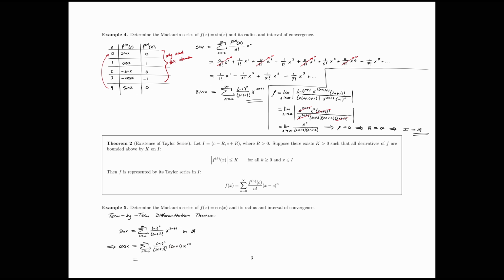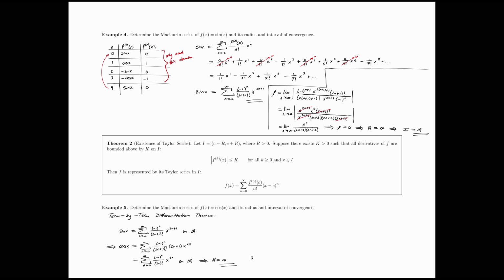So this reduces to the sum from n equals 0 to infinity of negative 1 to the n over 2n factorial, x to the 2n. And this converges absolutely on all real numbers, so the radius of convergence is infinity. And this is our interval right here.